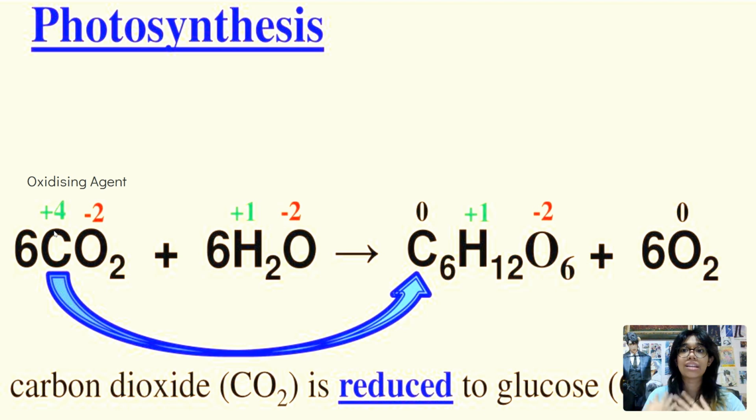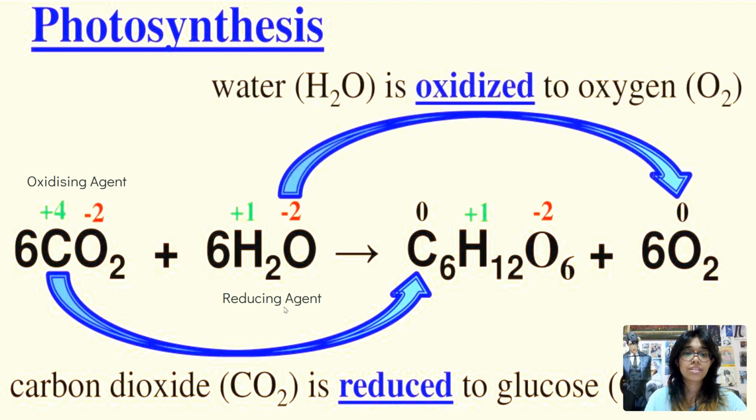And because we are gaining electrons, that makes it an oxidizing agent. As we said earlier, oxidation means gaining. But the reason why carbon dioxide is reduced to glucose is because we are going from +4 to a 0, thus reducing.